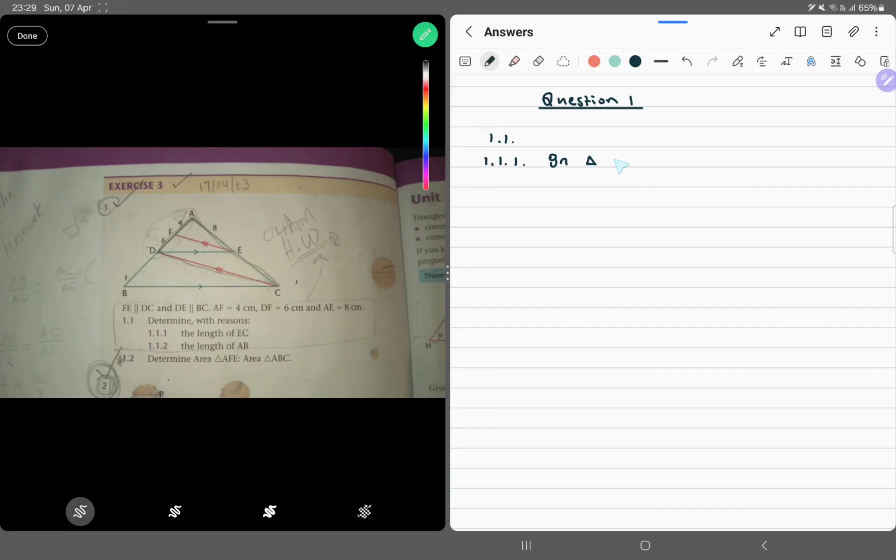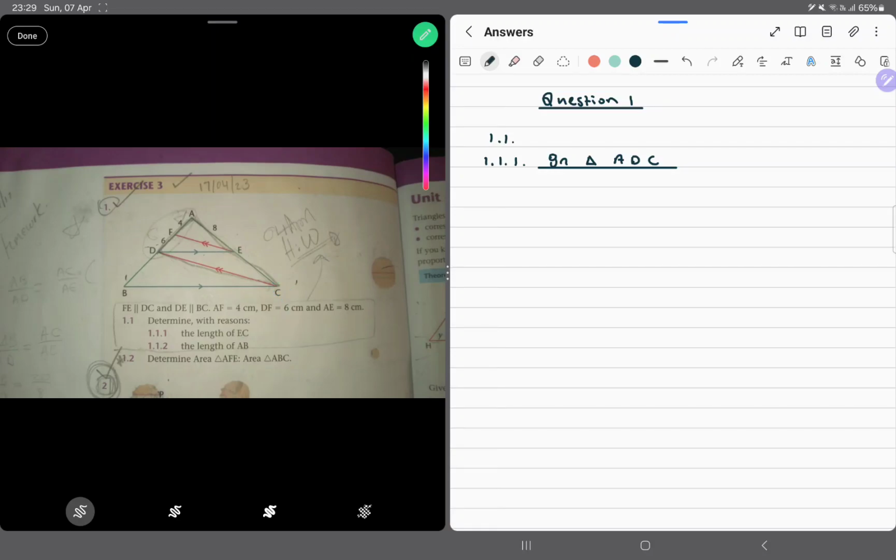So in triangle ADC, what do we see there? We can see that line FE is parallel to line DC. That means those sides AF over FD should be equal to AE over EC using the proportionality theorem.